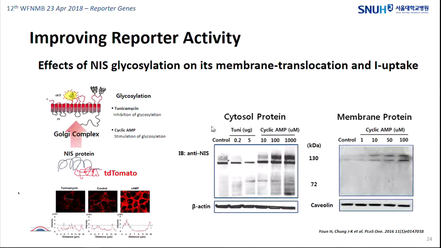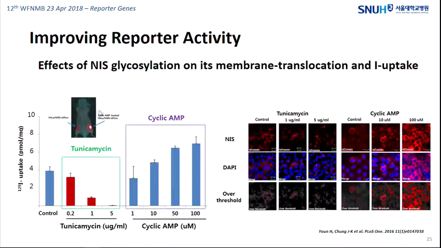When we treated with the inhibitor and the activator of glycosylation, we can clearly see a higher amount of NIS produced. And in the membrane portion, the glycosylation activator treatment can increase the glycosylated NIS. This size is this, but this upper one shows the glycosylated one.